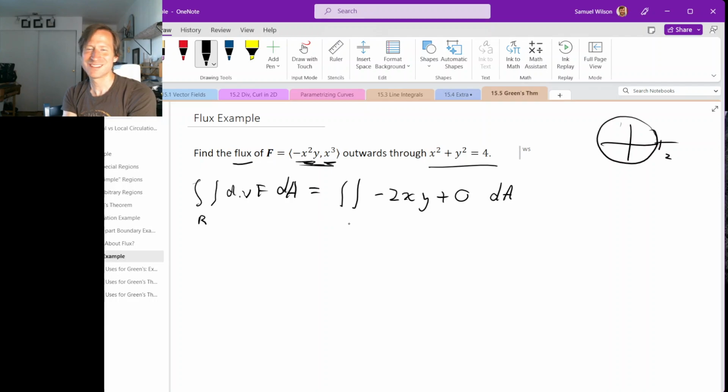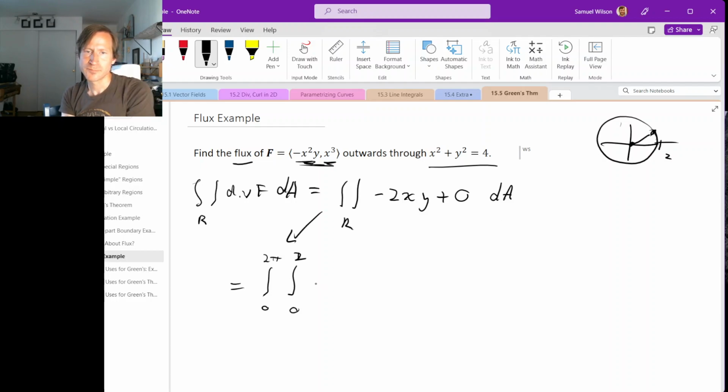So this looks like it would be much easier to do than the big messy line integral that's going to involve a bunch of trig stuff. So let's calculate this double integral. It's going to be easiest to use polar coordinates because the region is a disk. So this is going to go theta values from 0 to 2 pi, r values from 0 to 2, so that we're going from the origin out to the edge of the disk.